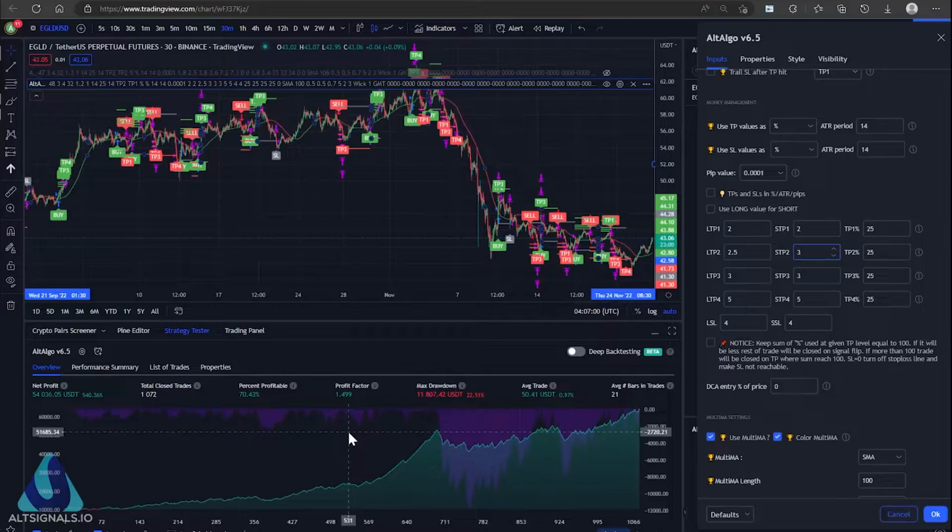Then in the opposite, when you take the take profits too low or very low, you will have more accuracy but less take profit. So this is a trade-off that you have to think about before making a configuration.